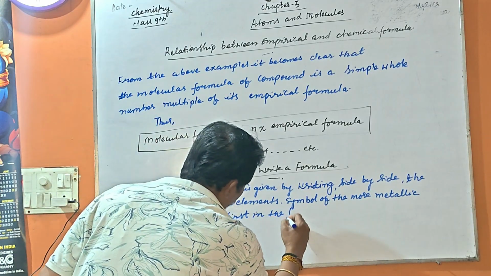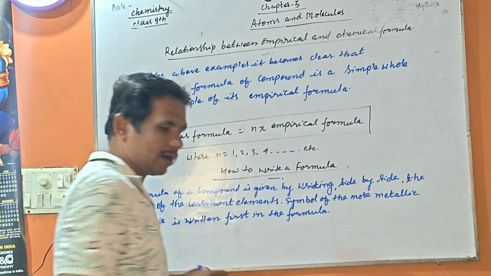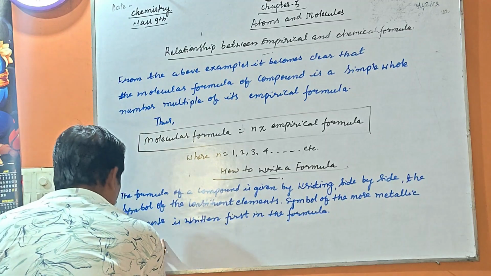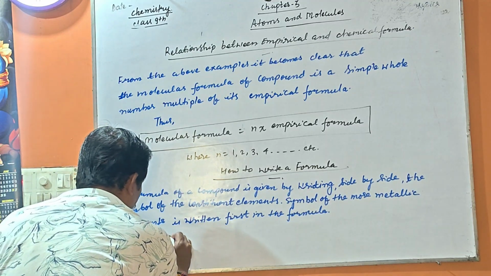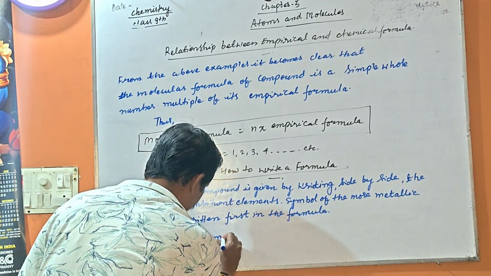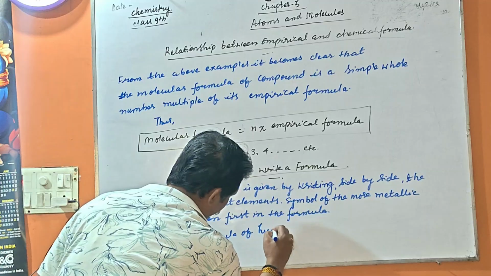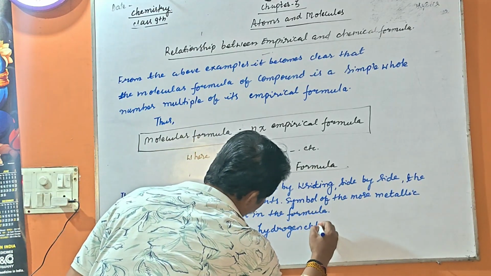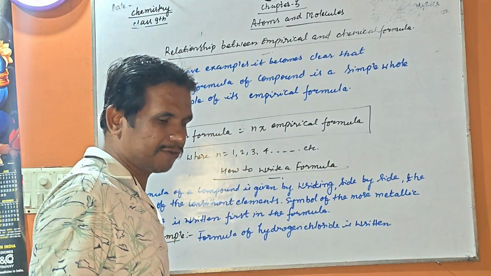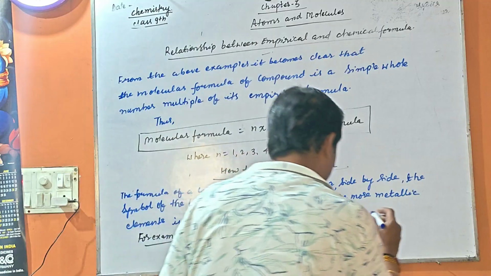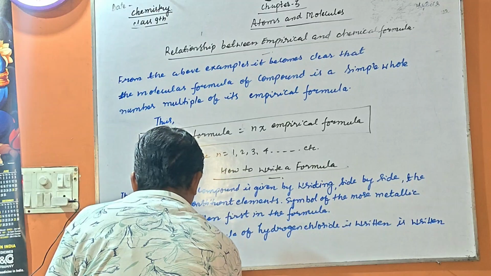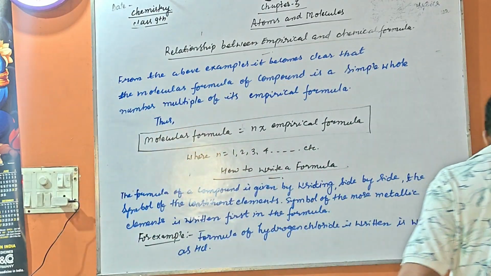For example, the formula of hydrogen chloride is written as HCl. So these are the things you have to understand.